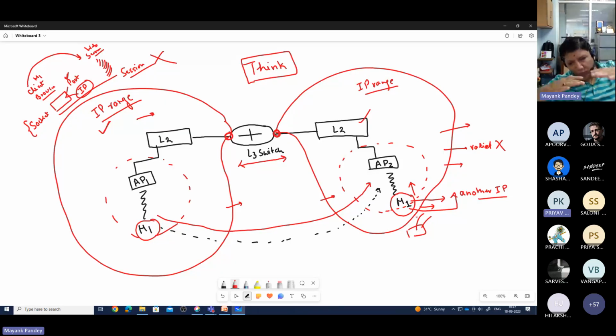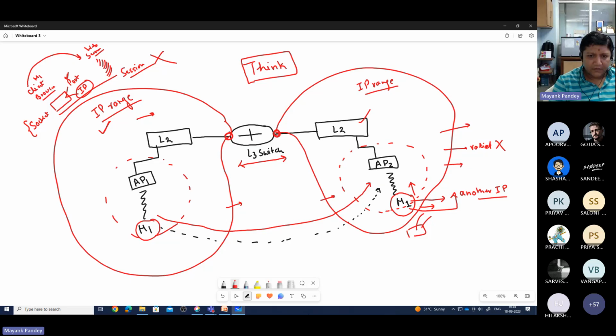So mobility has lots of effect on the overall protocol stack. As we have seen, if you are only changing the access point, but not changing the network, then only layer 2 switches have to change their MAC table.